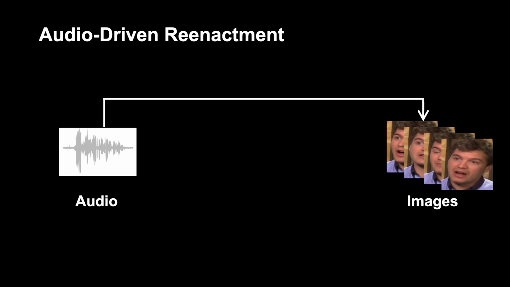Additionally, we show the potential of our model as an efficient neural renderer by further extending it to tackle the audio-driven facial reenactment task. Directly mapping audio signals to images is challenging, since motion-irrelevant factors such as identity and illumination will interfere with the model.